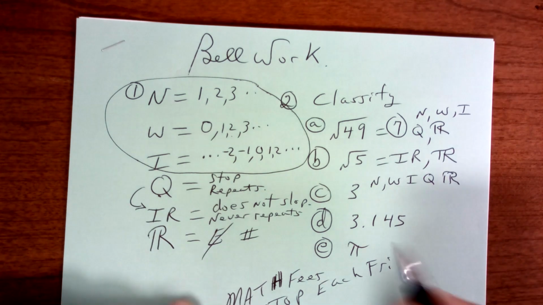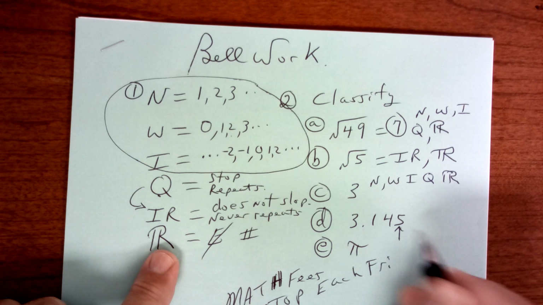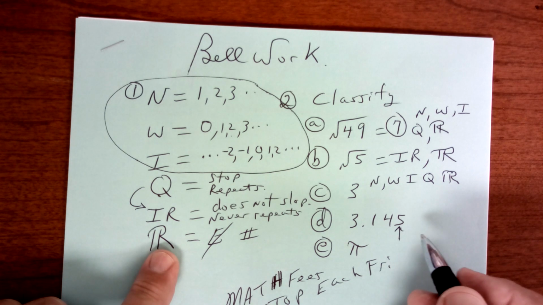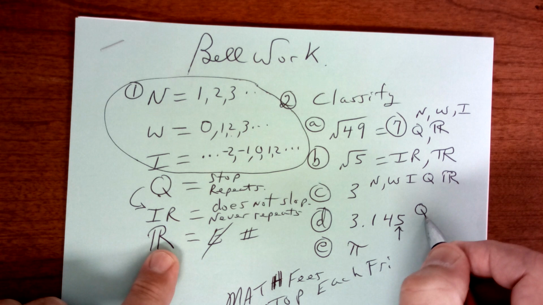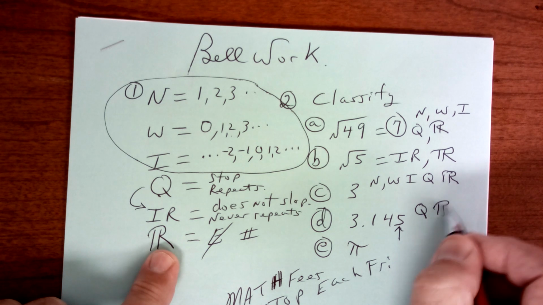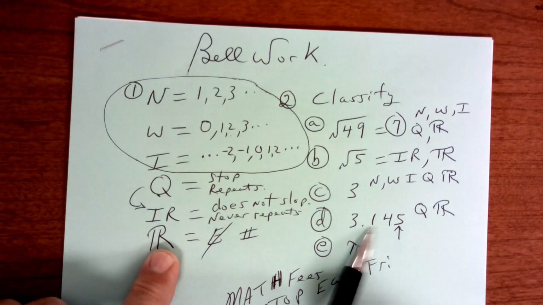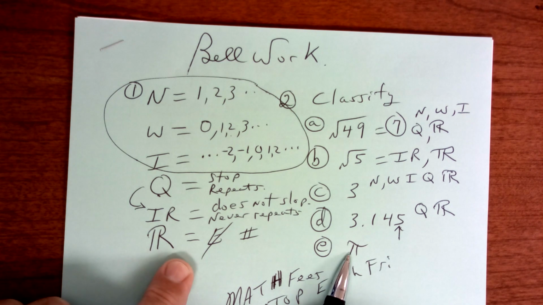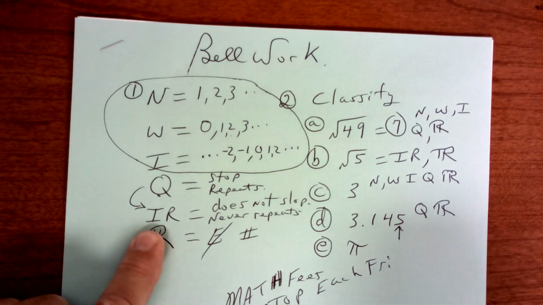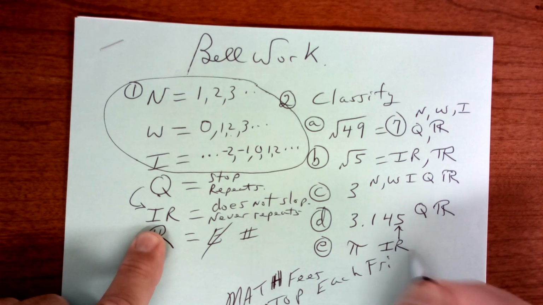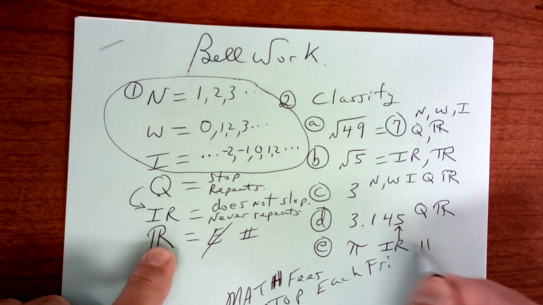This one right here stops. Therefore, it is a rational number, and it is a real number. It's not an integer because you have a decimal. Pi is irrational. Goes on forever without repeating, and it is real.